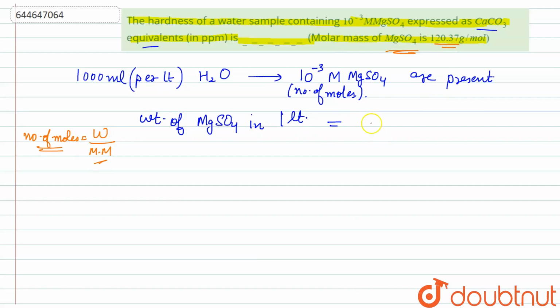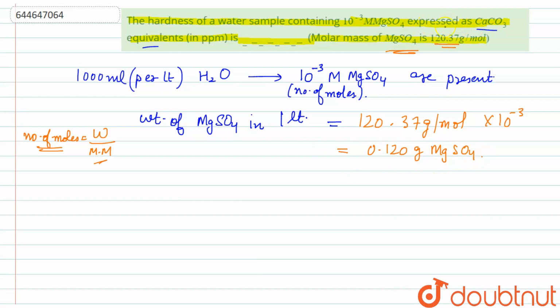So we can put it here and calculate the weight, that is 120.37 grams per mole into 10 to the power minus 3. So weight of MgSO4 comes out to be 0.120 grams MgSO4.